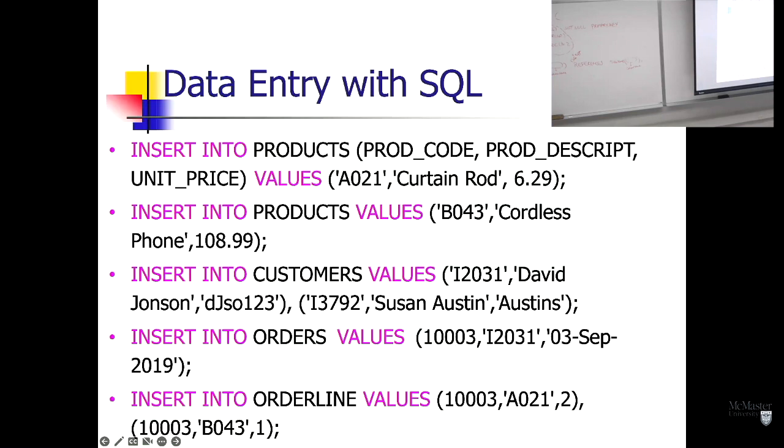Why do some values here have quotes and the others do not? Because those are strings and integers don't need them. Yeah, exactly.